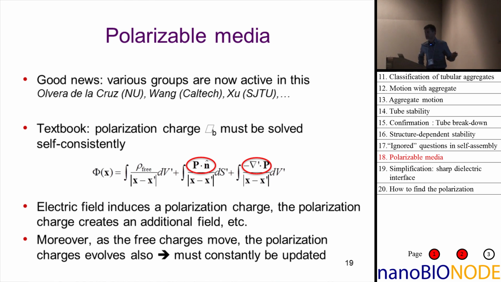This is surface polarization that is at dielectric interfaces, where the dielectric constant goes from one value to another. Let's say from silica to water at the interface. And then there is this last term, that's bulk polarization, that occurs when the dielectric constant of a material varies continuously.